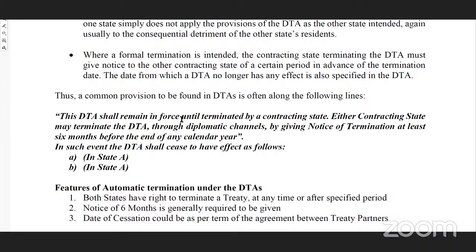So either contracting state may terminate the DTA through diplomatic channels by giving notice of termination at least 6 months before the end of any calendar year. Okay, so this is what you normally see. And in such event, the DTA shall cease to have effect as follows: in state A, this is what you do, in state B, this.